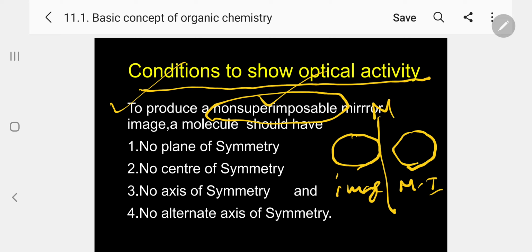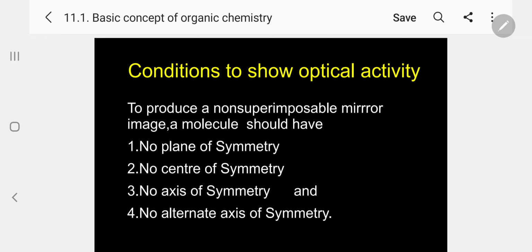This is unsymmetrical. So this is a non-superimposable mirror image. If any molecule produces a non-superimposable mirror image, it will be optically active. That is theoretical.